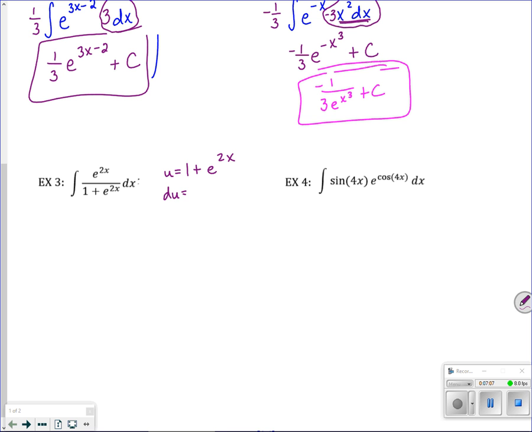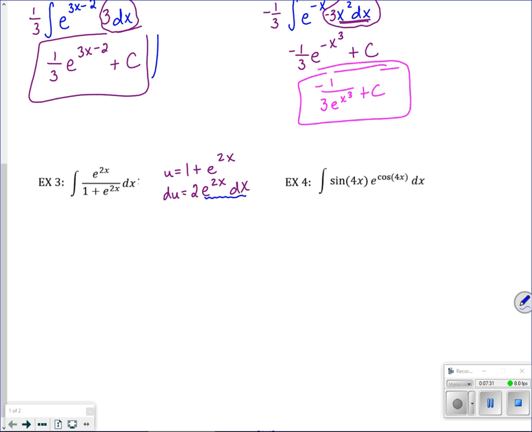Well, the derivative of 1 is 0. What is the derivative of e to the 2x? Well, e to the 2x times the derivative of the exponent, dx. That would be my derivative of the denominator. Is that in the numerator? Well, gee, golly whiz, the variables are.